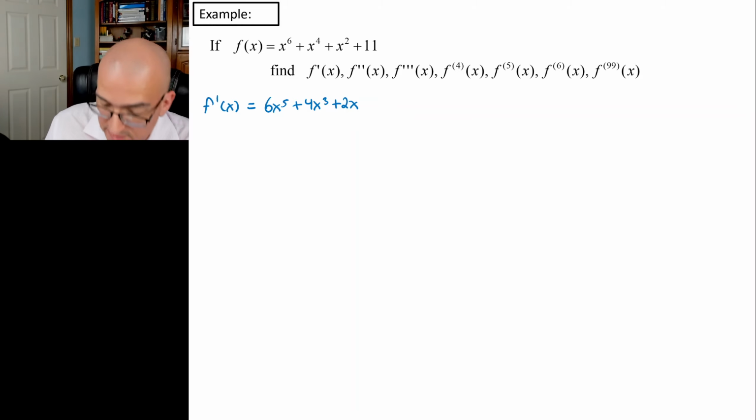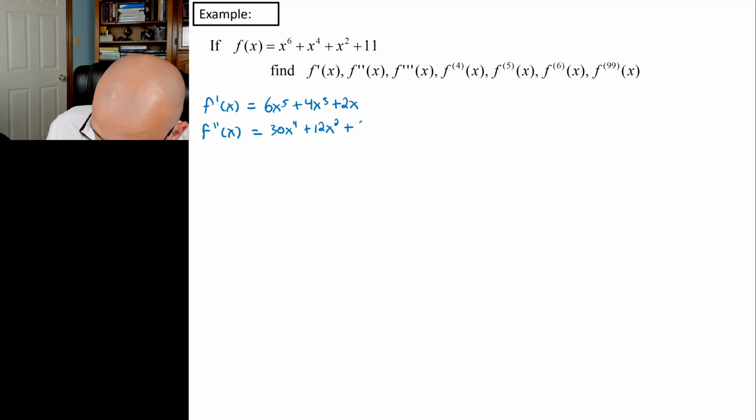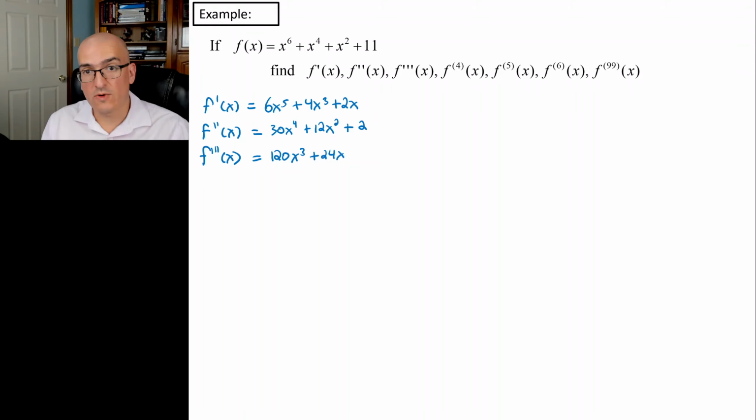Now we'll do the second derivative. 30x to the 4 plus 12x squared plus 2. Now we'll do the third derivative. 120x to the 3 plus 24x plus 0.